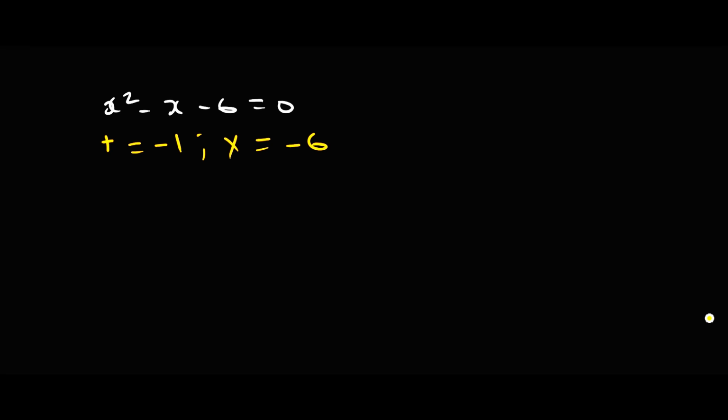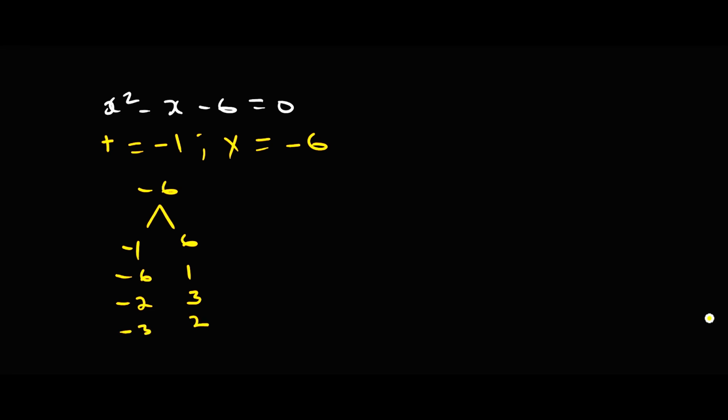For you to get a product of negative 6, you can take negative 1 times 6, or negative 6 times positive 1, or minus 2 times 3, or minus 3 times 2.